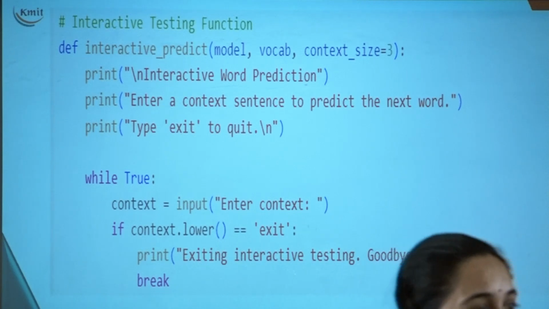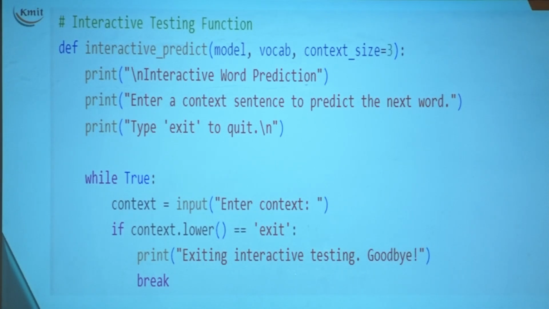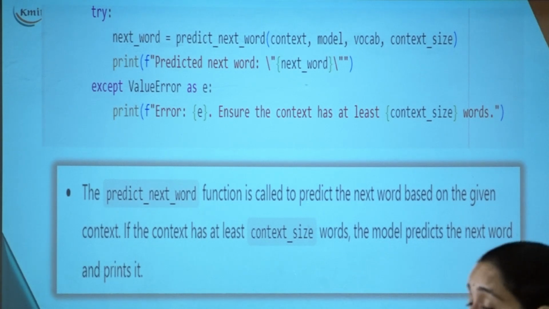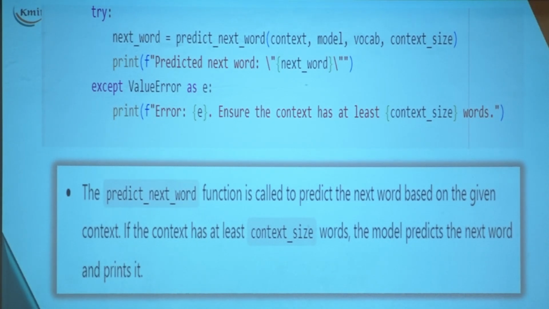So the first step I am writing is to check whether the user has written exit. Otherwise, it keeps running the model continuously, asking for next word prediction. If it is exit, it terminates. If not, you try to predict the next word out of the model. Or else, if the entered context is very small, it raises an error. That is completely optional, by the way.